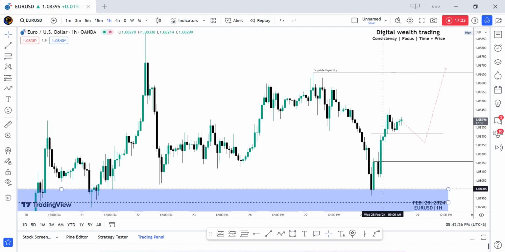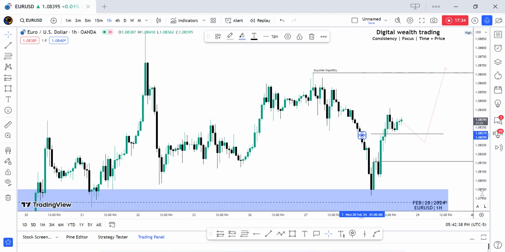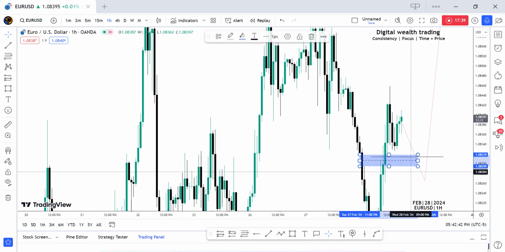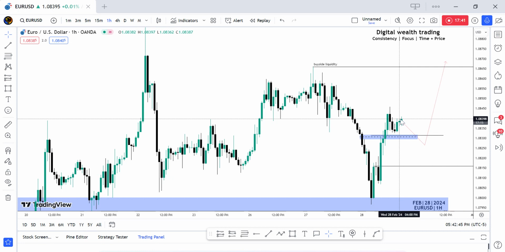Also, in this area we have a fair value gap or an inversion fair value gap at this price. So if we price below, we respect that, and if the XY is not willing to go that far, we're going to use this area to be a buyer to deliver us higher price.